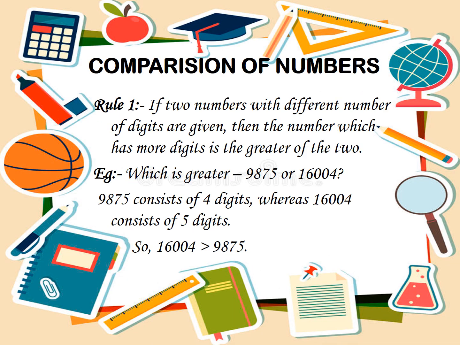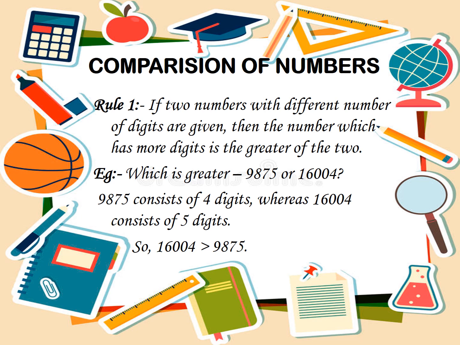Comparison of numbers. Rule 1. If two numbers with different number of digits are given, then the number which has more digits is the greater of the two. For example, 9,875 or 16,004. 9,875 consists of 4 digits, whereas 16,004 consists of 5 digits.